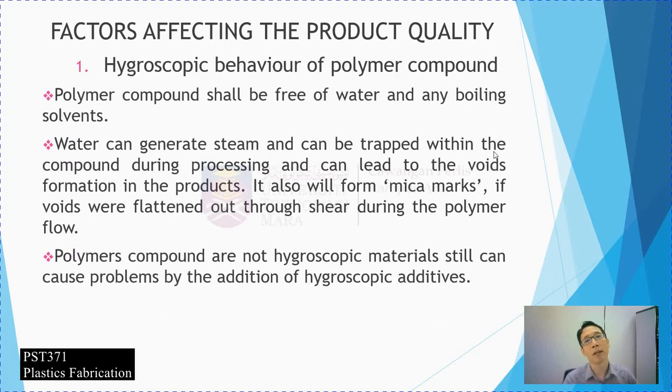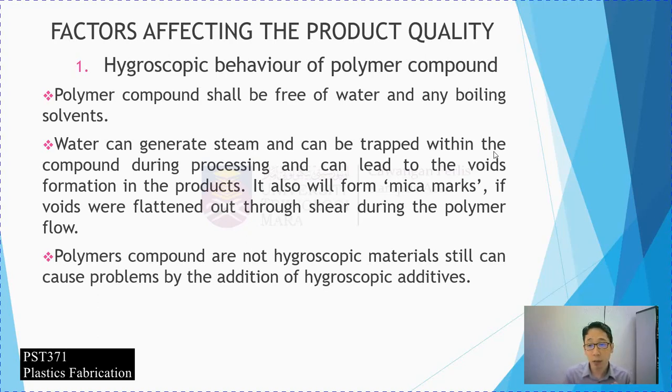The hygroscopic behaviours of polymer compound. What is it? Polymer compound shall be free of water and any boiling solvent. As we know, some of the polymer materials are hygroscopic materials. What is hygroscopic material? It is material that absorbs or captures any humidity in the environment.